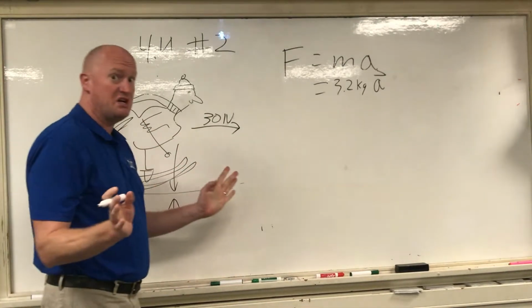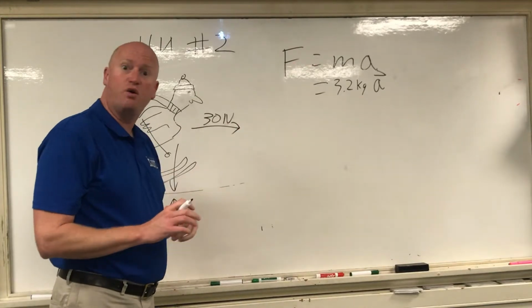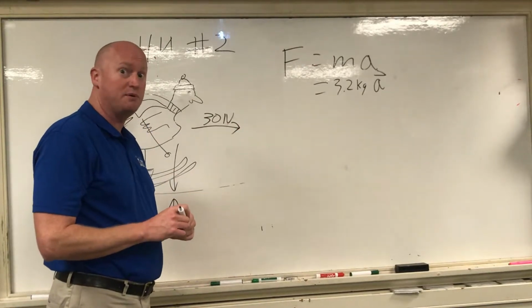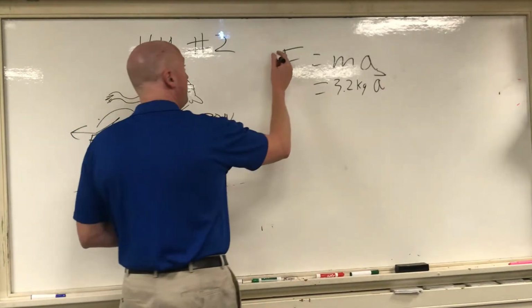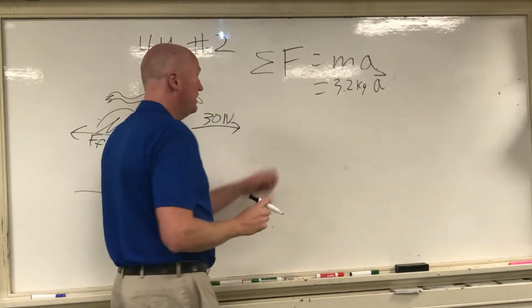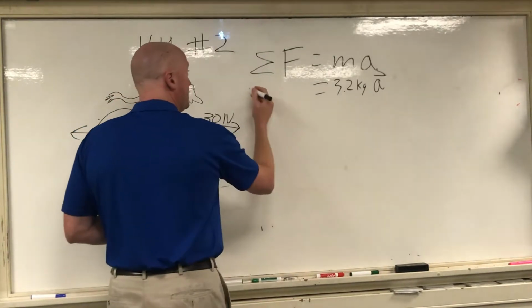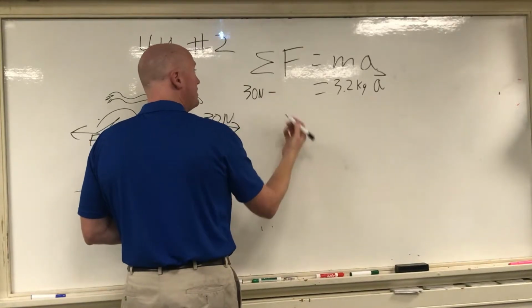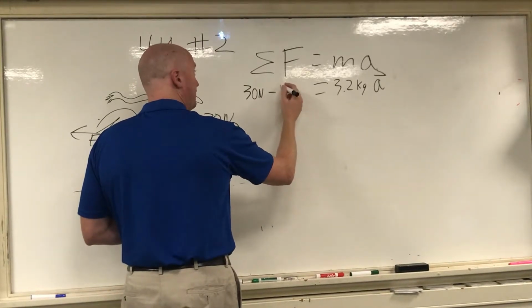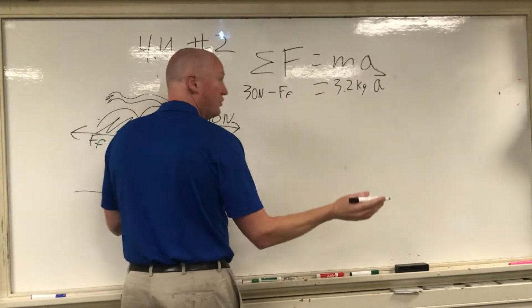After all, if you weren't pushing, that chicken wouldn't just obey Newton's first law and go on forever. That chicken would come to a stop because of friction. So, we need to think about the fact that it's the sum of the forces. So, it's not just the 30 newtons you're applying, you're also having to take into account the force of friction working against you.